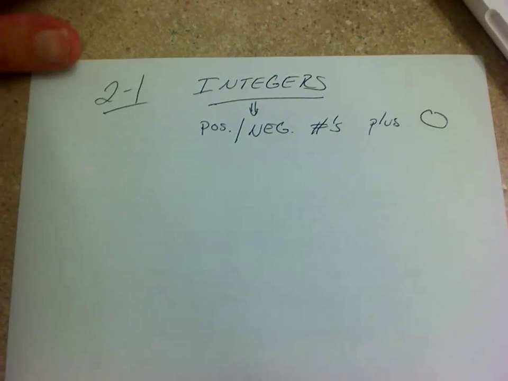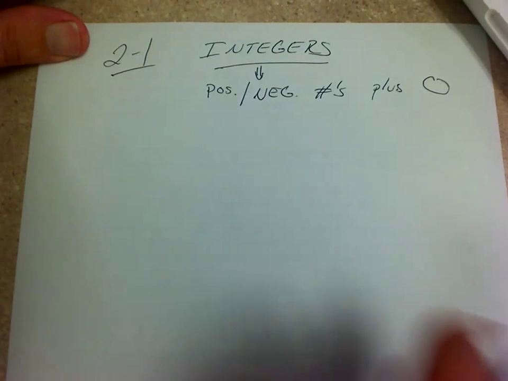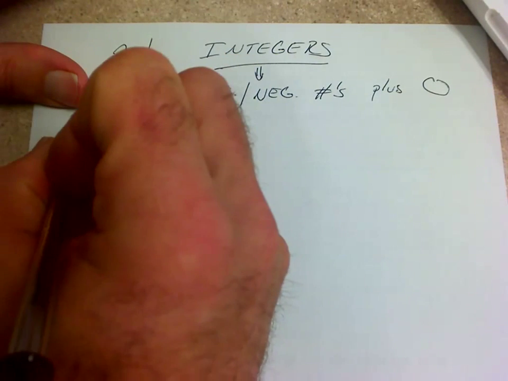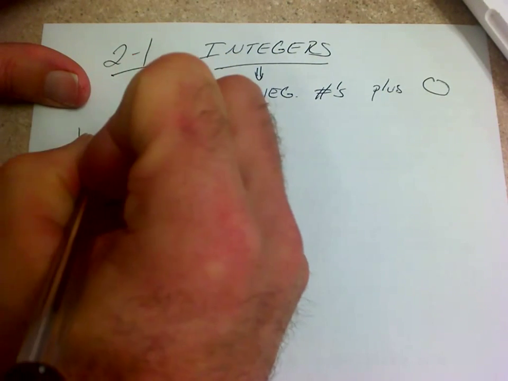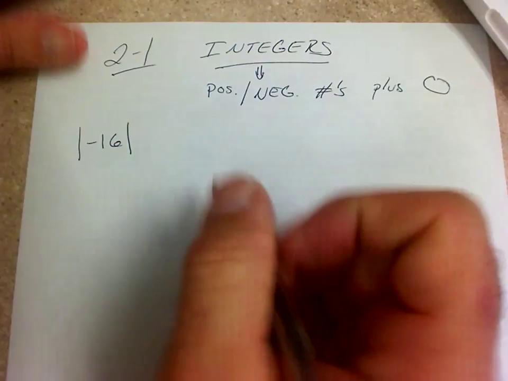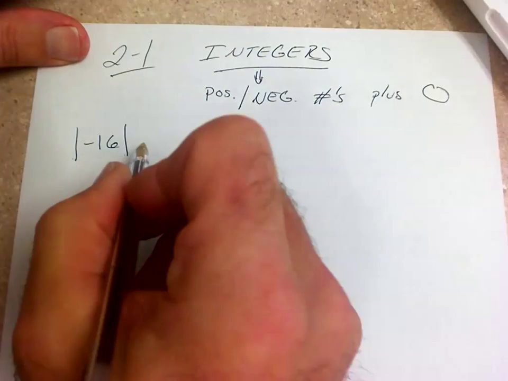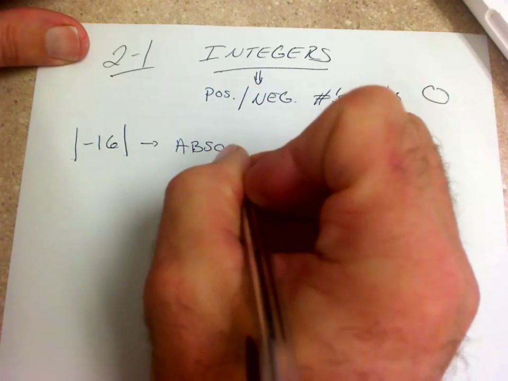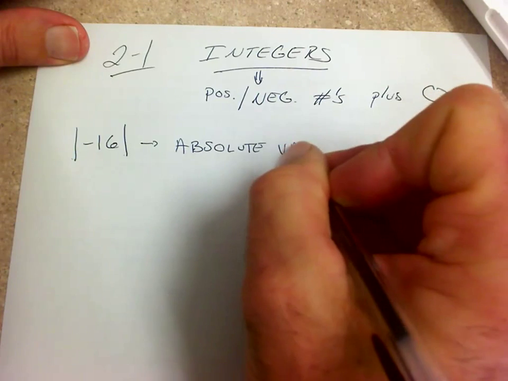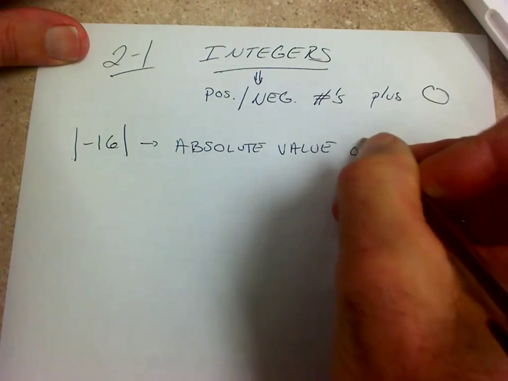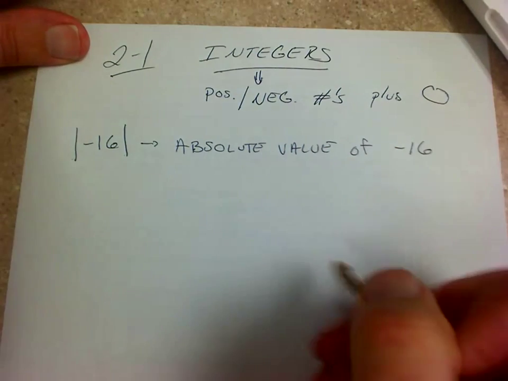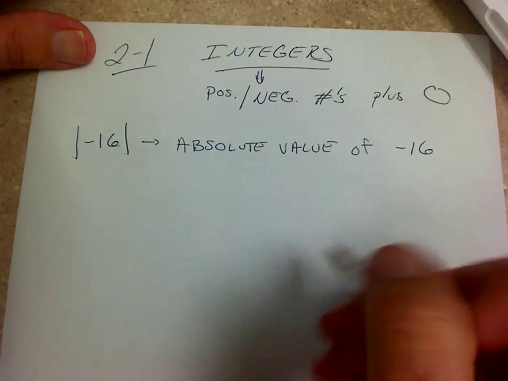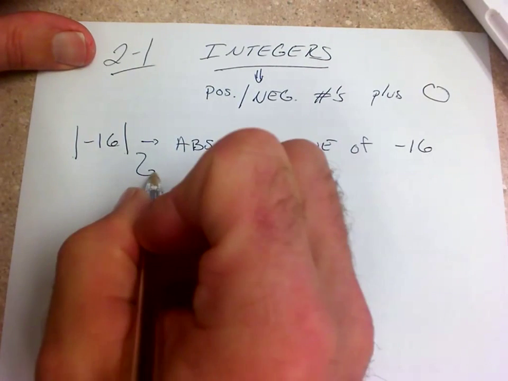Now, one of the things that we do with integers is something brand new for the kids. It's a brand new symbol this year. It's these two vertical bars, and we would read this as the absolute value of negative 16. What does it mean?